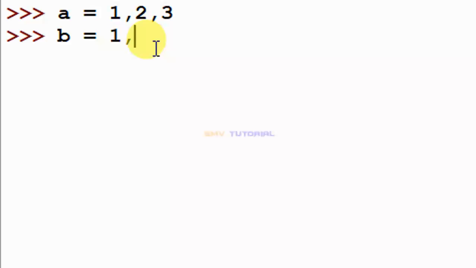I check the next example: A is equal to 1, 2, 3 and B is equal to 1, 2, 3. This is the same object value, but the two variables are stored in different memory locations. Next, C is equal to A, assigning A's value to the C variable.